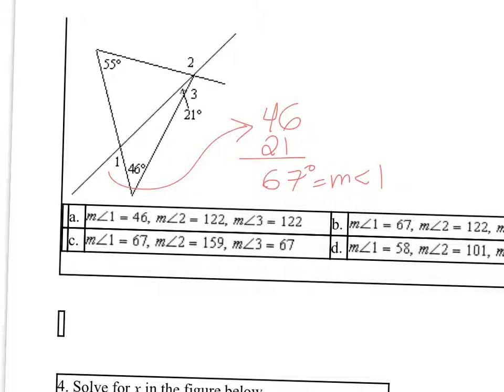Any other one? You add 21 and 55. Okay, this one plus this one plus this one is 180. The whole angle. Do you want to find the whole angle here?